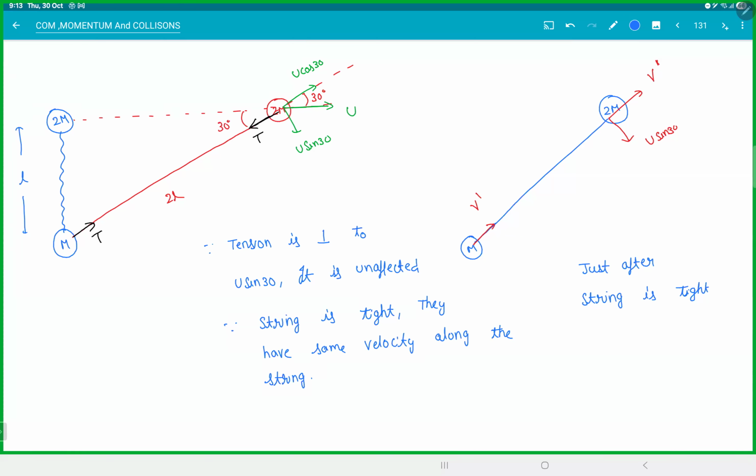Great. So I can choose anything as x-axis, anything as y-axis. So I'll conserve momentum along the string.